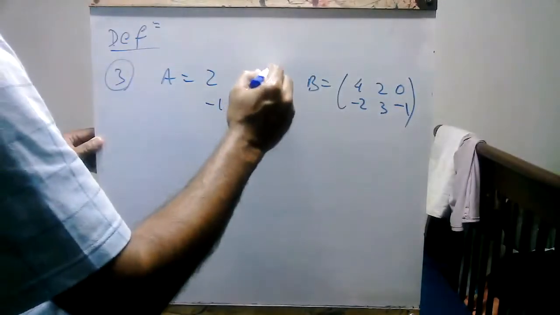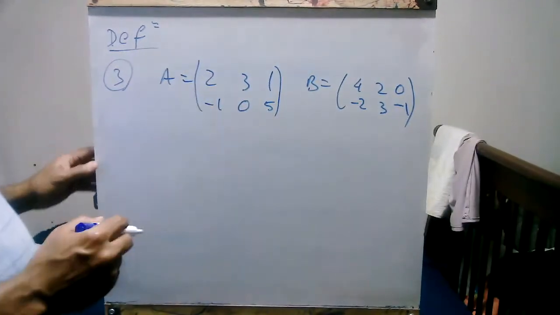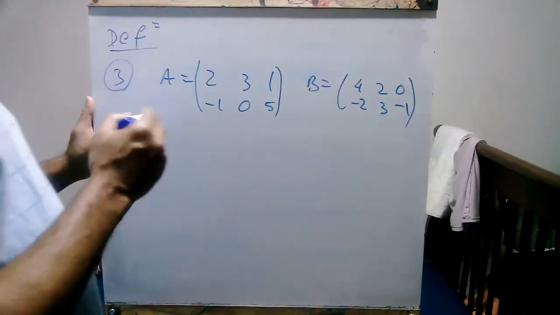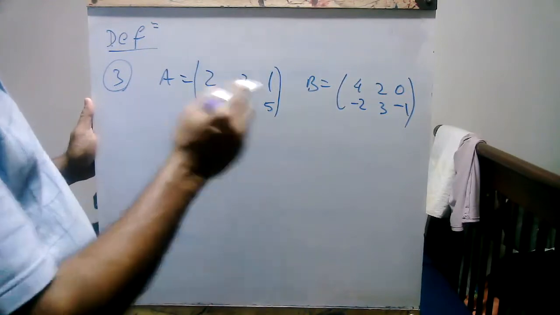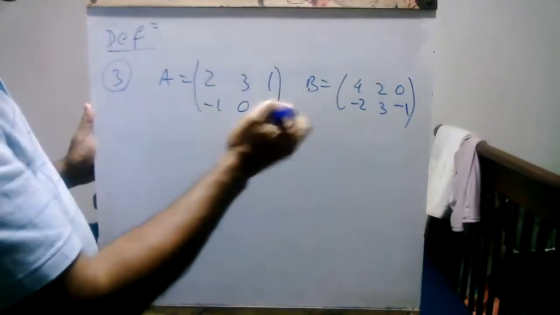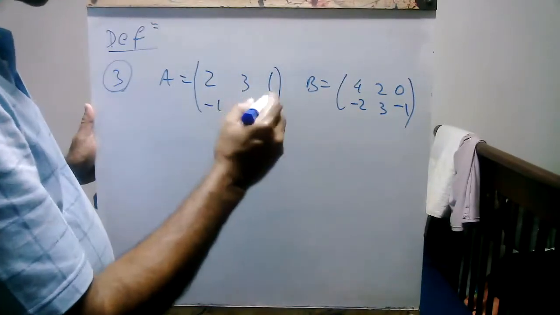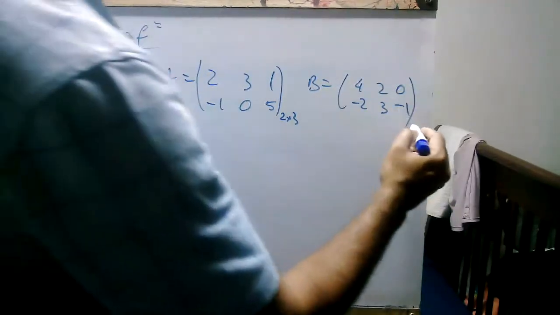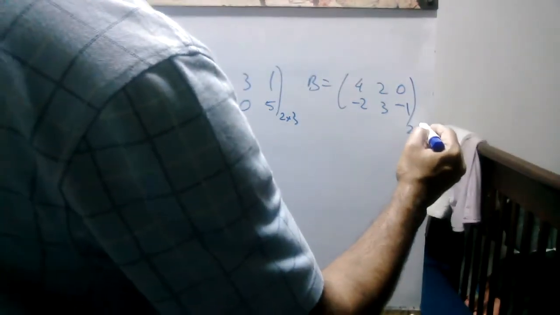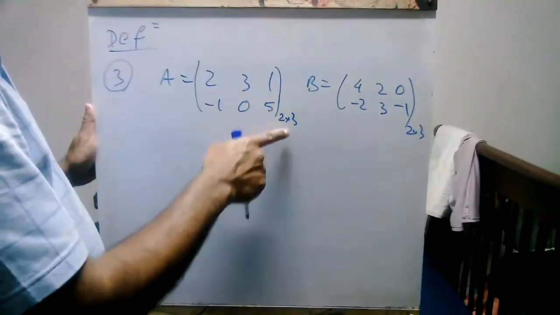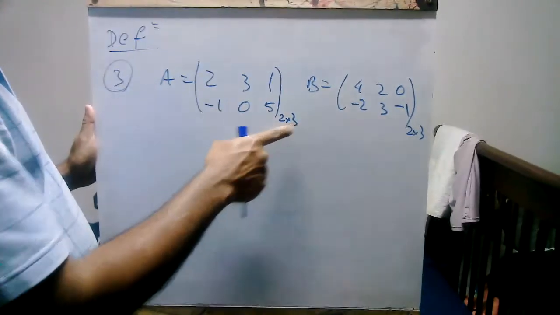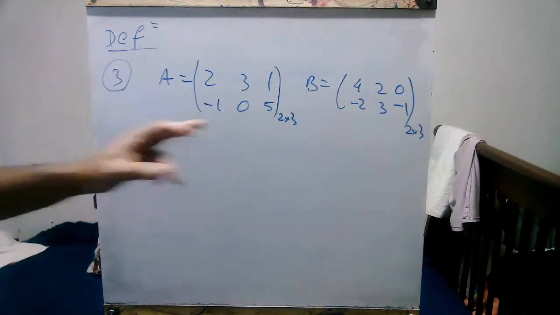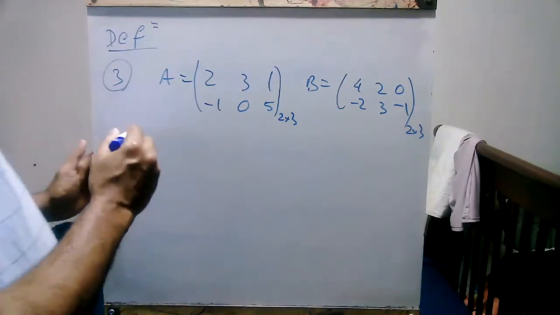Okay, these are two matrices. How do we add them? To add them, their sizes should be the same. See, what's the size of this? This is 2 by 3. This is 2 by 3. Never write 3 by 2. Always row first, column second. Right? 2 by 3, 2 by 3.